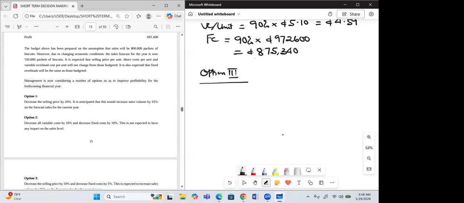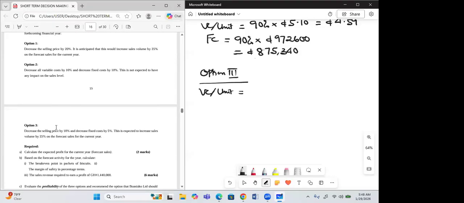Then option 3. It says decrease the selling price by 10%. Still reading option 2, my eyes are still on option 2.